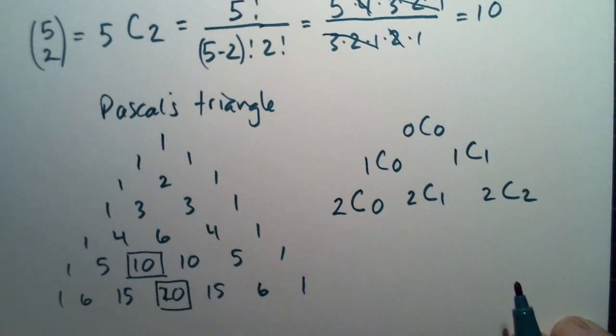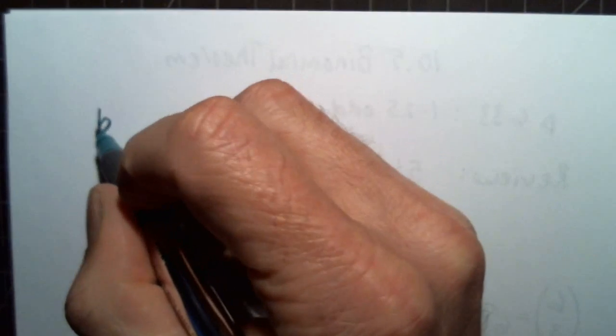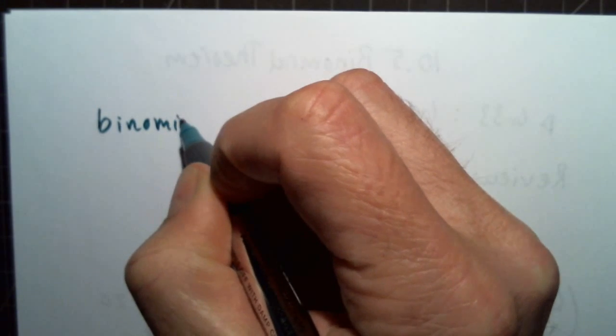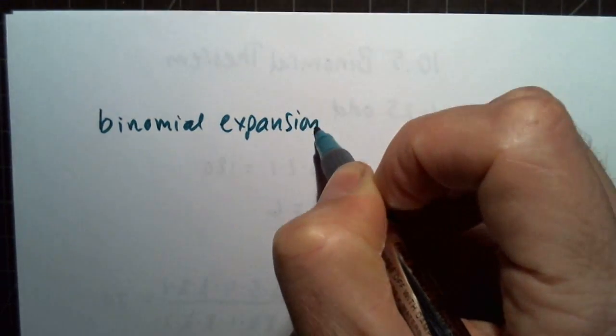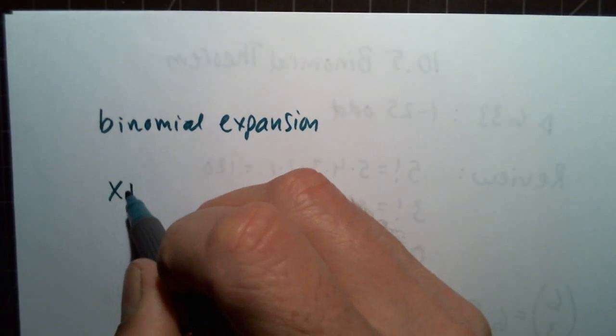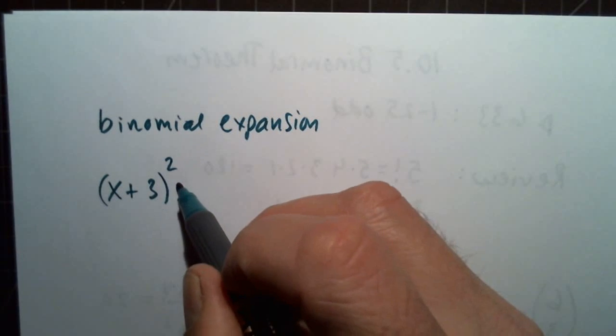And we are reviewing all of this so that we can do binomial expansion. This is a binomial because it has two terms, and then we raise it to a power.